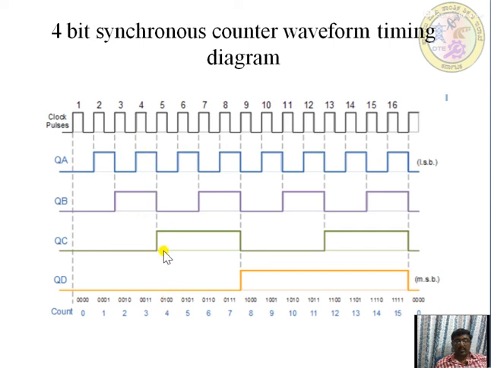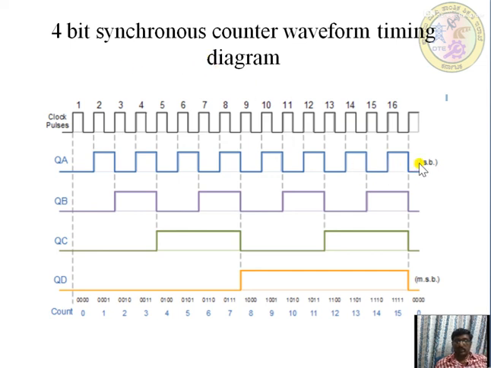Next 0 1 0 0, 0 1 0 1, 0 1 1 0, 0 1 1 1. Next 1 0 0 0, 1 0 0 1, and so on. In this fashion, the 4-bit synchronous counter waveform diagram can be cross-checked.